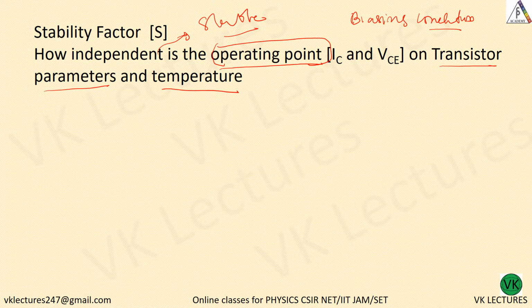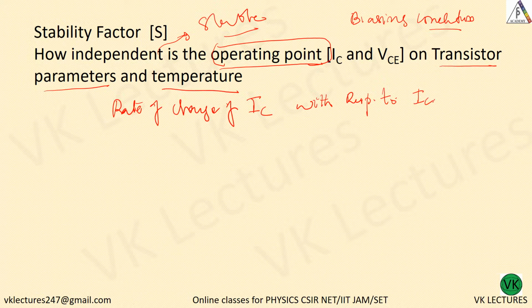Now what is it actually telling me? It is the rate of change of IC, that means collector current, with respect to IC naught. IC naught is nothing but the reverse saturation current.